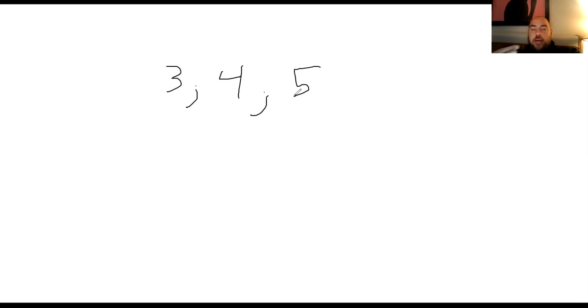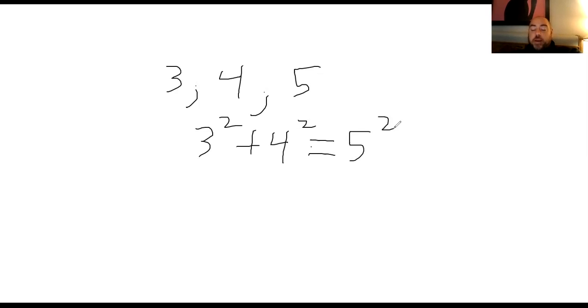When we have three numbers, we know the longest side has to be the hypotenuse, and the two shorter sides have to be the legs. So we go 3 squared plus 4 squared equals 5 squared.